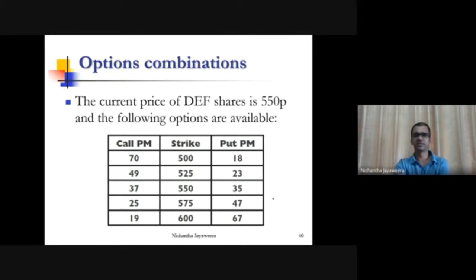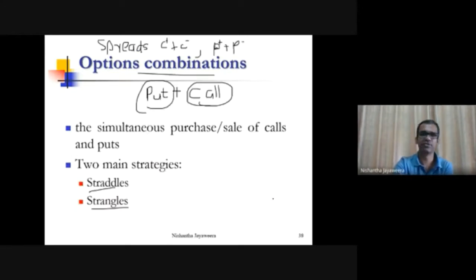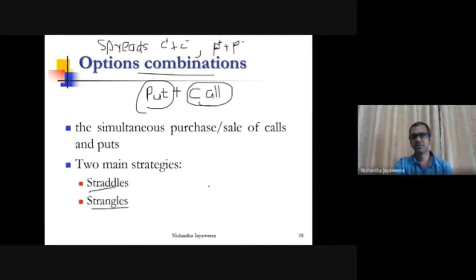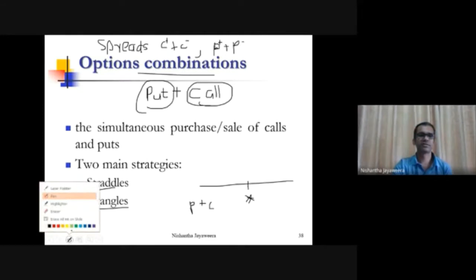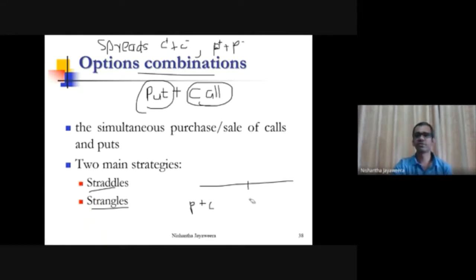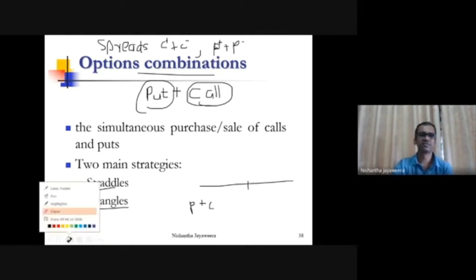So I'll tell you what you do here. In a straddle, you select a strike, and you buy a put and call with the same strike.